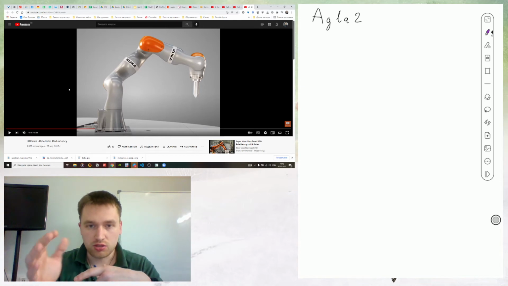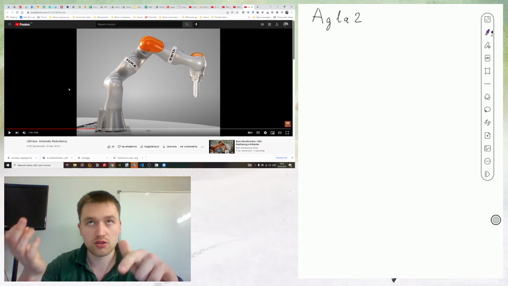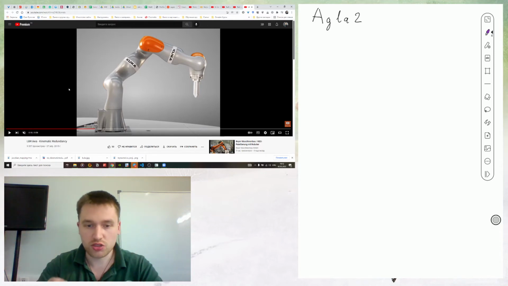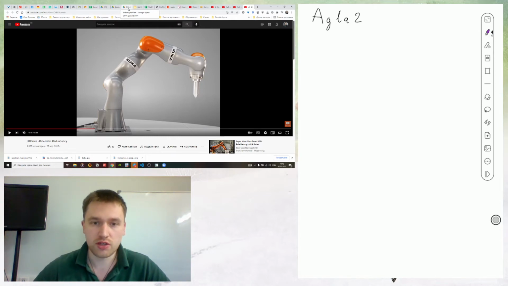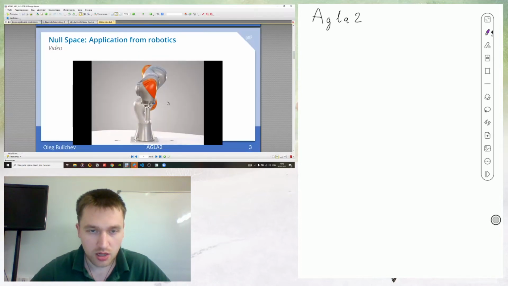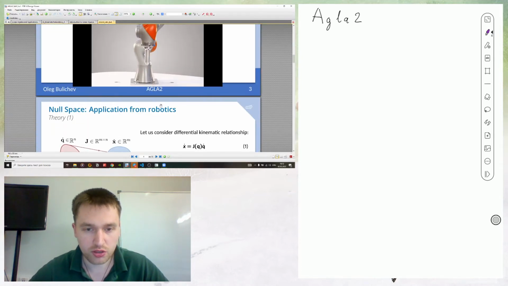Such a feature can help in collision avoidance and in some optimization techniques. It can also be helpful in underactuated robotics like cable-driven robots. In this case, we also have null space and we need to optimize it. I will explain more in terms of theory.